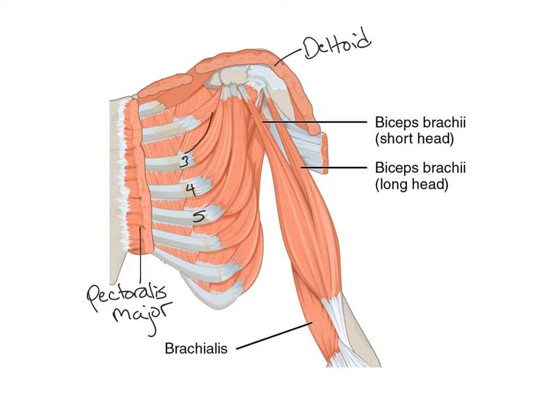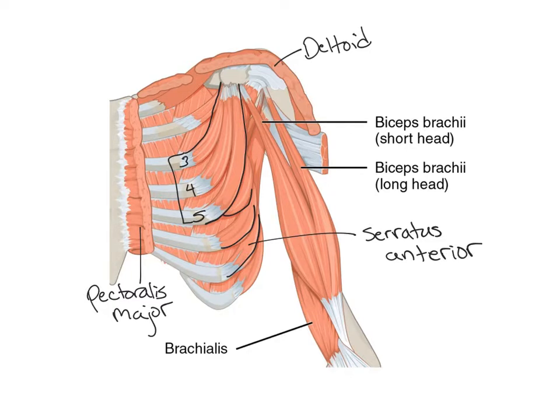So it's only these fibers here that run up to the coracoid process. Underneath those other fibers that follow the same pattern, that's our serratus anterior. And that causes abduction or protraction of the scapula.